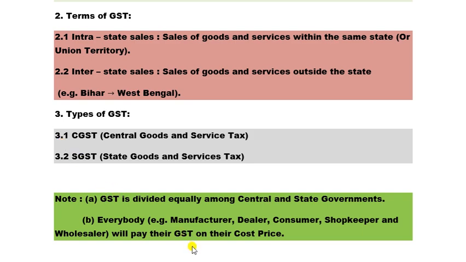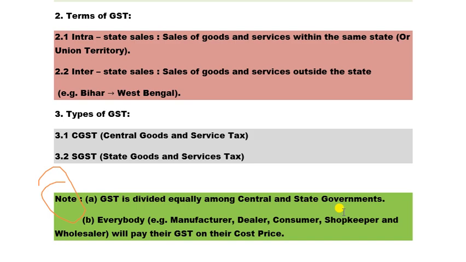Here you can note down two very important notes you should remember. First, GST is a combination of two taxes, that is CGST plus SGST equals GST, and the total amount of GST is equally divided between the central government as well as the state government.